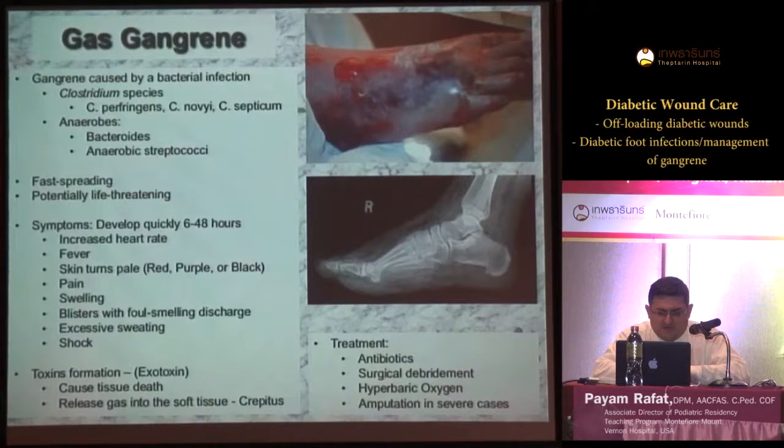And patient may have gas in the tissue, which can be visualized on radiograph, and upon examination, they can have crepitation in the skin. Treatment would be aggressive antibiotic management via intravenous, aggressive surgical debridement, adjunctive hyperbaric oxygen treatment, and potential amputation in severe cases.